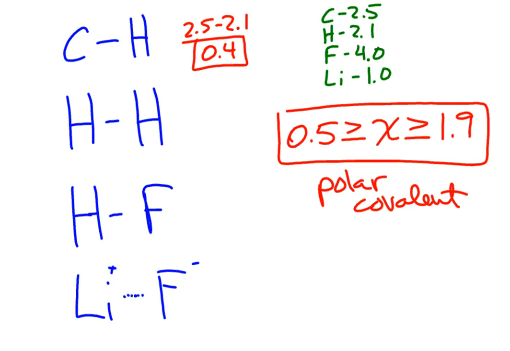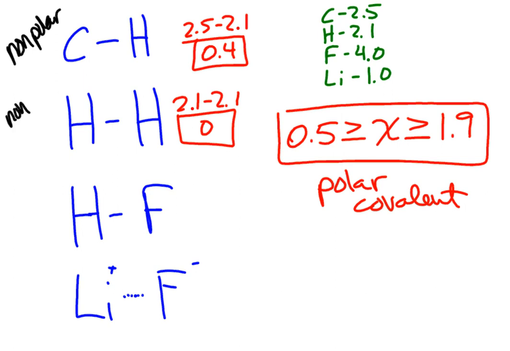Looking at carbon and hydrogen, 0.4 is less than 0.5, therefore this would be a non-polar covalent bond. Take a look at hydrogen minus hydrogen. Hopefully we can figure this one out. 2.1 minus 2.1, that's 0. Again, that would be less than 0.5, so this would also be non-polar.